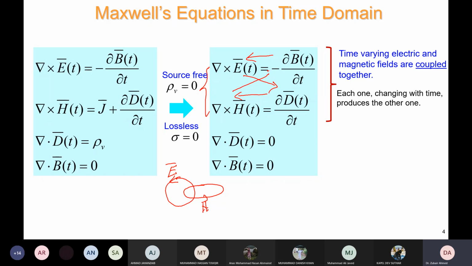Similarly, a changing magnetic field will again produce a circulating electric field, and this phenomenon of changing electric field and changing magnetic field will go on forever. This is actually the phenomenon of a wave. So for time-varying electric and magnetic fields, they are coupled together. Each one changing with time produces the other one. You can see this by closely observing these two curl equations.